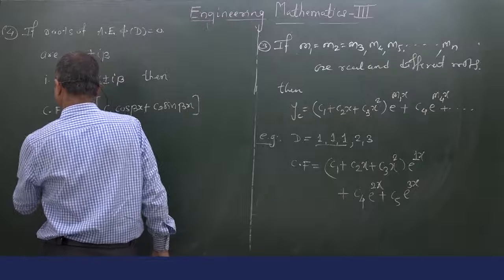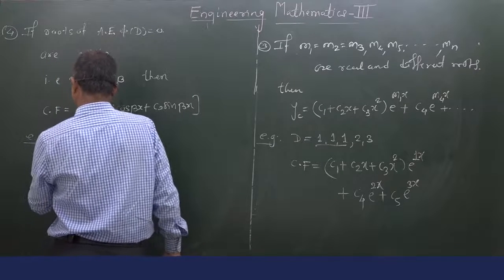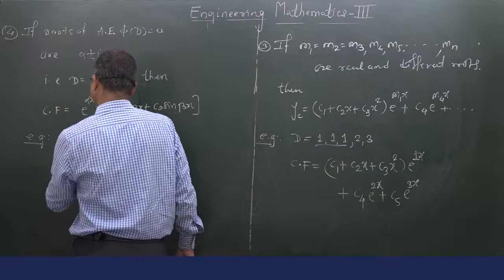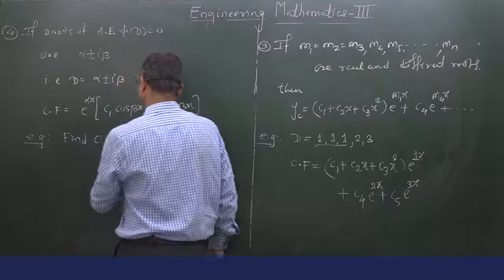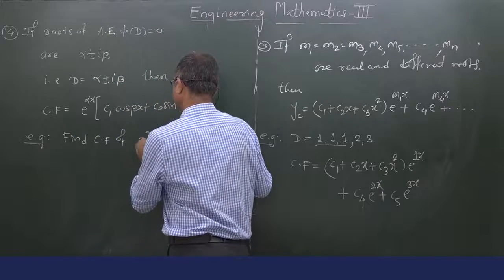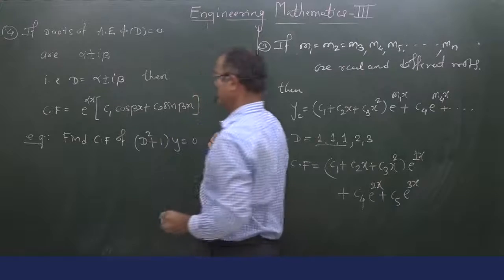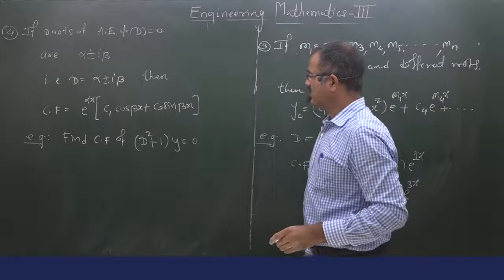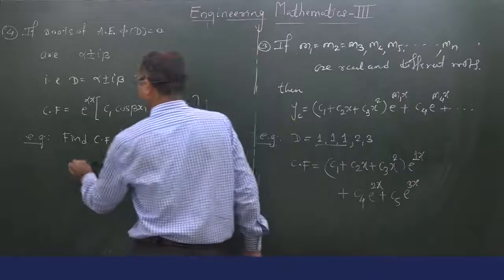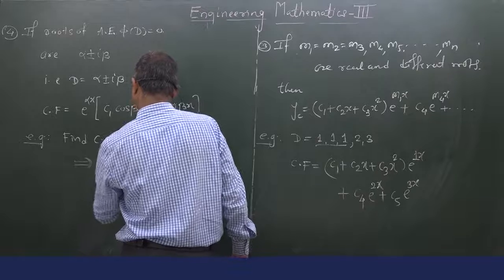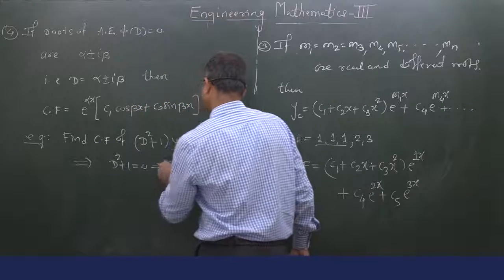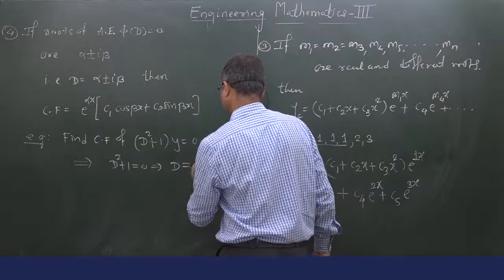For instance, find the complementary function of the differential equation D square plus 1 y is equal to 0. So here the roots are D is equal to plus minus i.